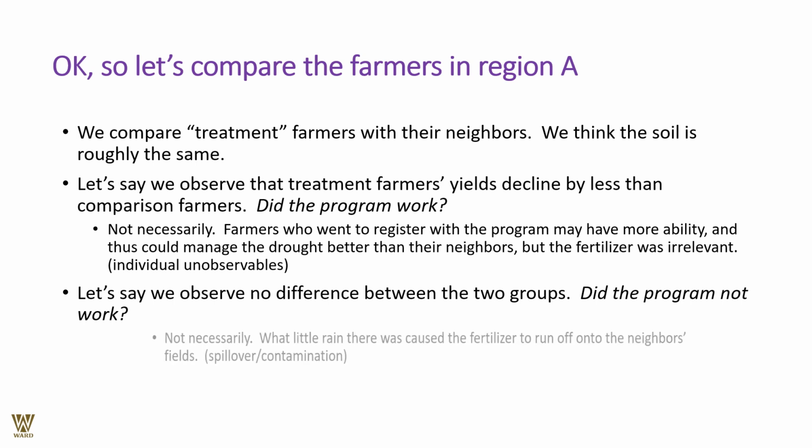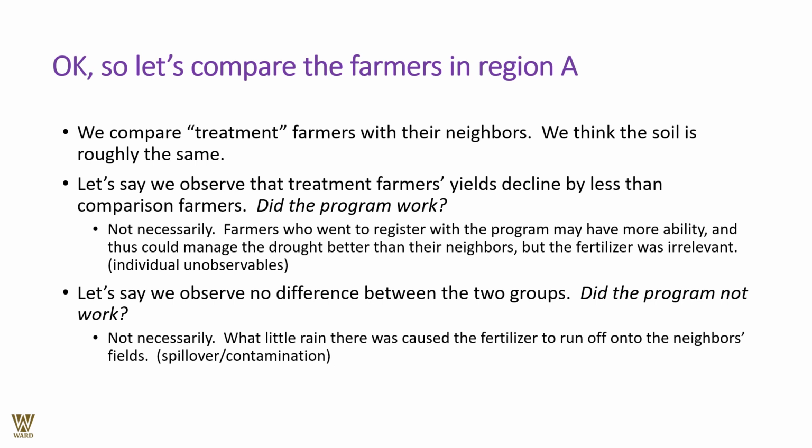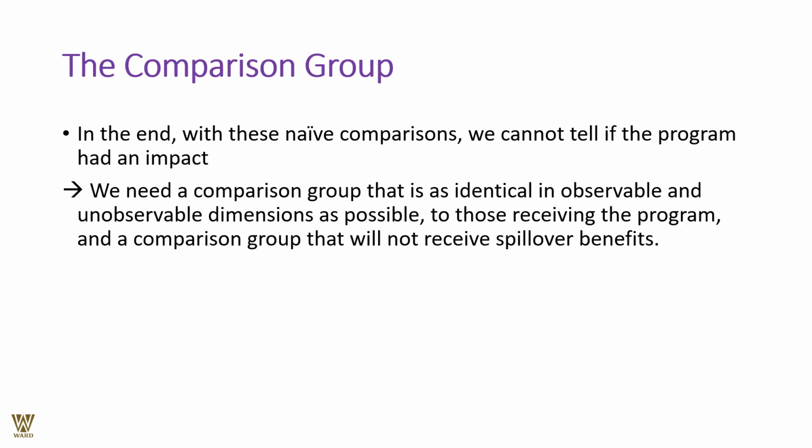Did the program not work? Not necessarily. A little rain could have caused the farmers' water to run off into the neighbor's field: spillovers, contamination, as the case might be, in the comparison group. In the end, with this seriously naive comparison, we cannot tell if the program had a positive impact or a negative impact or any other impact in the first place.